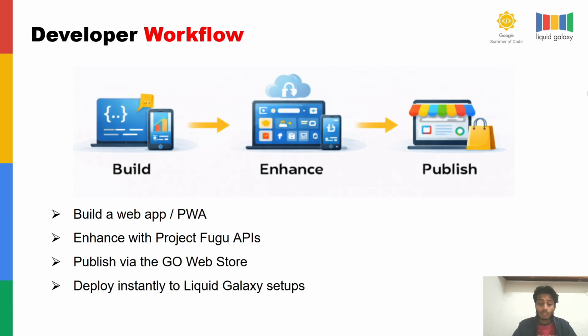This is what build once, deploy everywhere really means. This workflow is modern, efficient, and scalable, and very friendly for open source contributors. And this is exactly the kind of workflow needed for a platform like Liquid Galaxy, which is used by different organizations, students, and developers across the world.